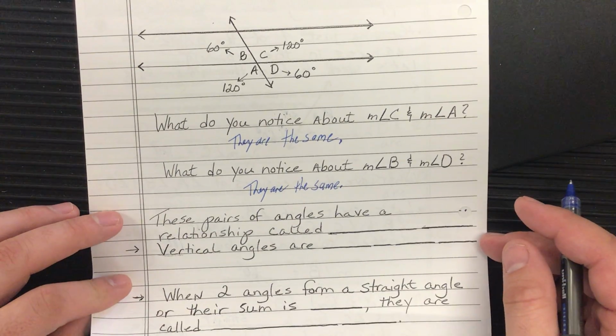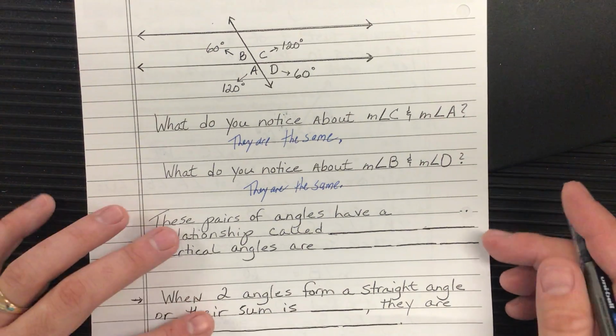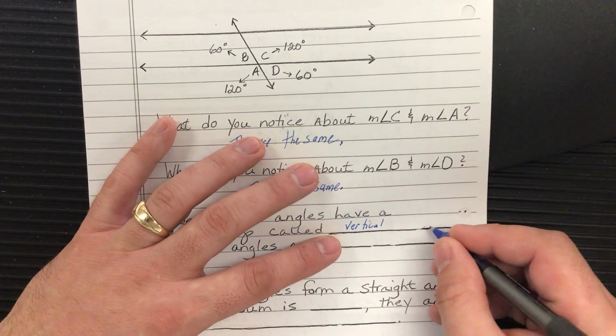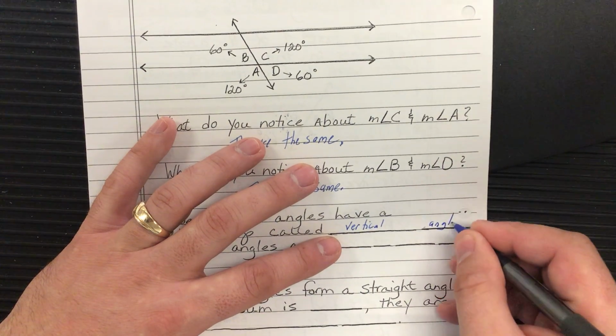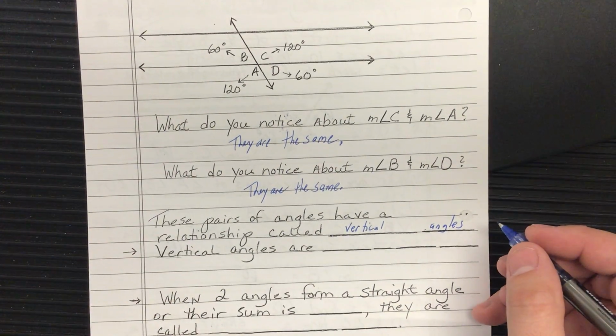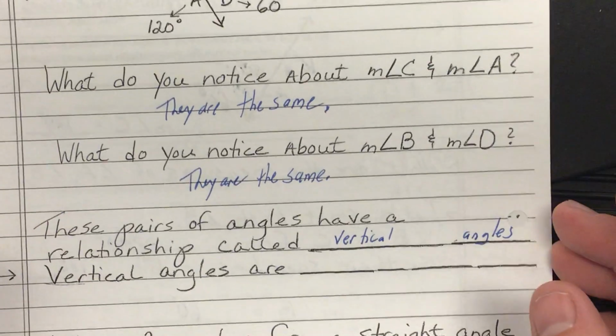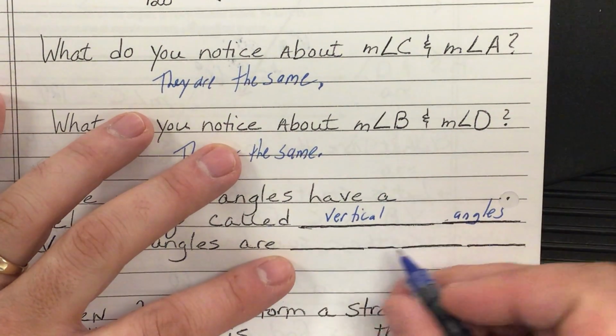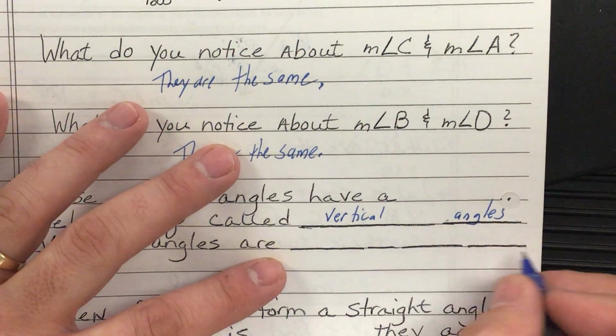These pairs of angles have a relationship called vertical angles. Vertical angles are, look at the blanks there. Do you have an idea what those might be?